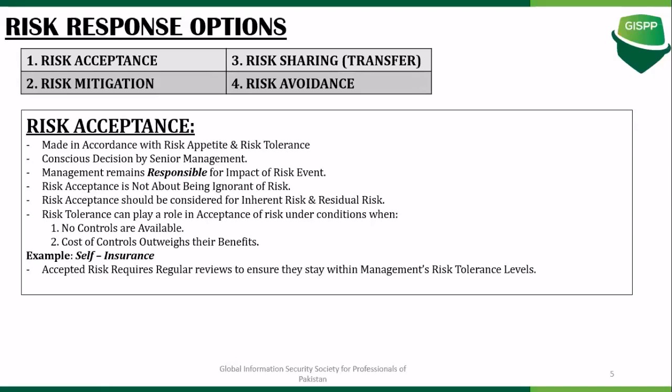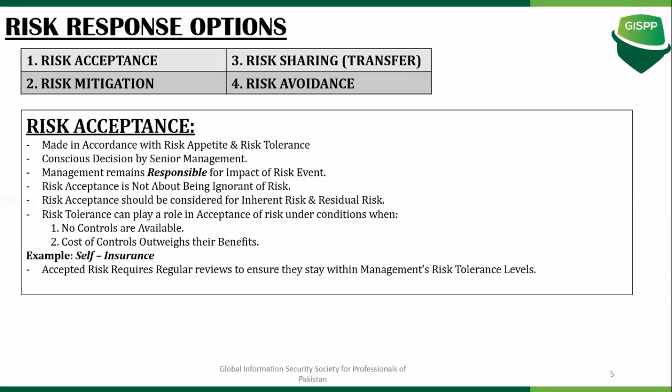Now, this decision has to be made in accordance with your risk appetite and your risk tolerance. How much risk can you absorb? This is how we usually behave in our daily life as well. Whatever spending that we make has to be in line with our risk appetite.